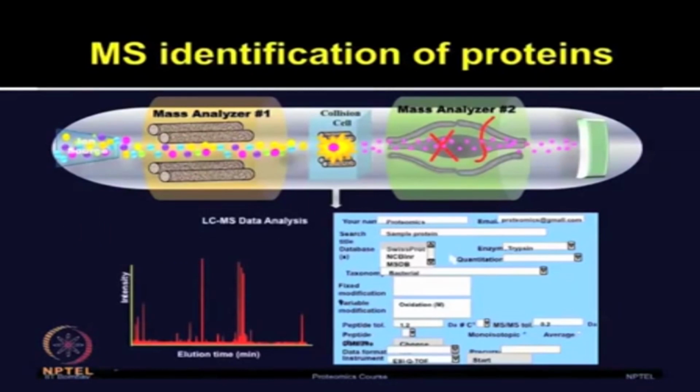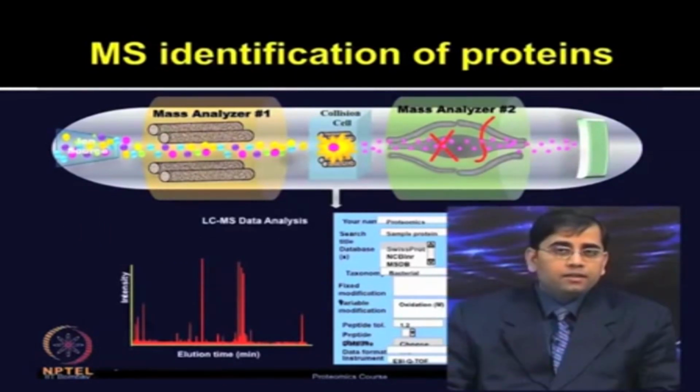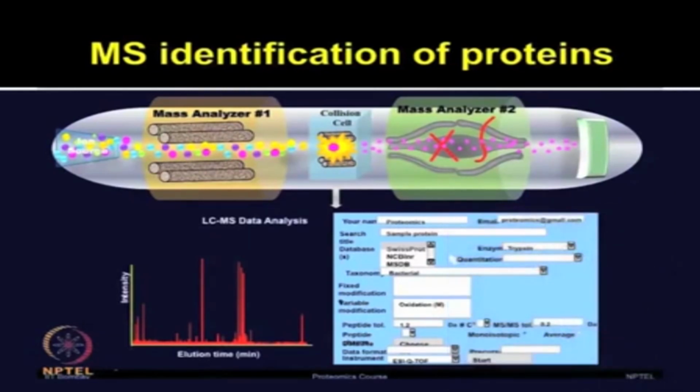Now, these interesting 38 differentially and significantly expressed proteins were excised from the gels and subjected to the MALDI-TOF mass spectrometry for analysis. Authors also employed liquid chromatography tandem MS/MS system for analysis of these spots, and then the data was analyzed by using Mascot search engine.